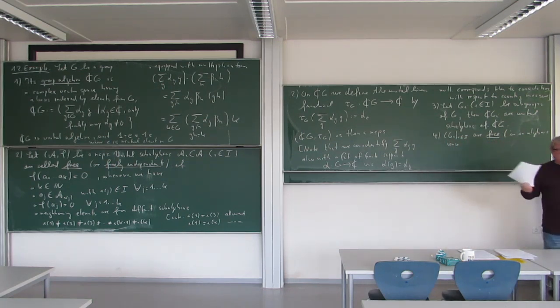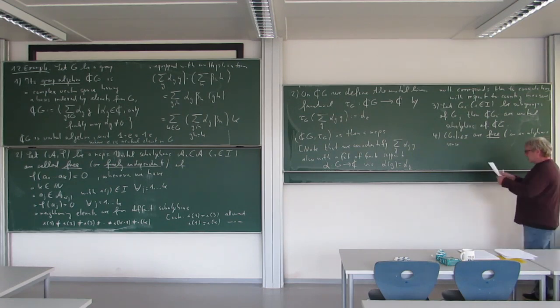The notion of free shows up in many contexts, and usually in an algebraic context it means you don't have algebraic relations between things which are free. There are no non-trivial relations.